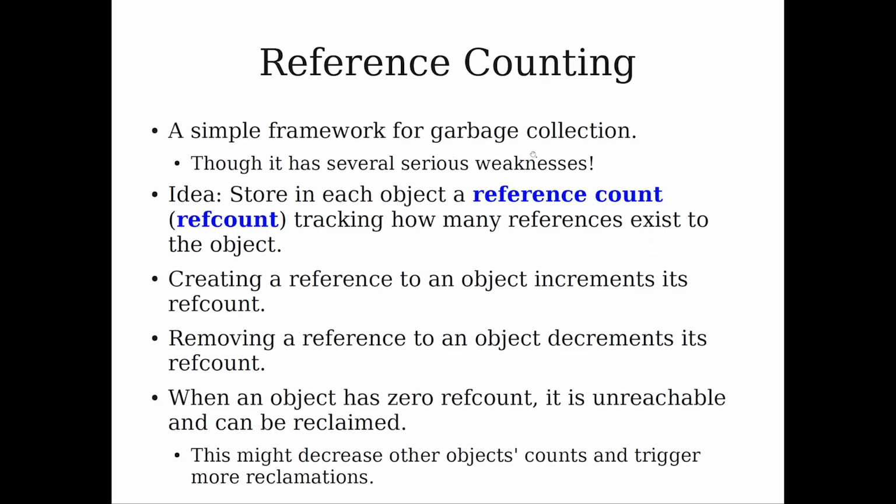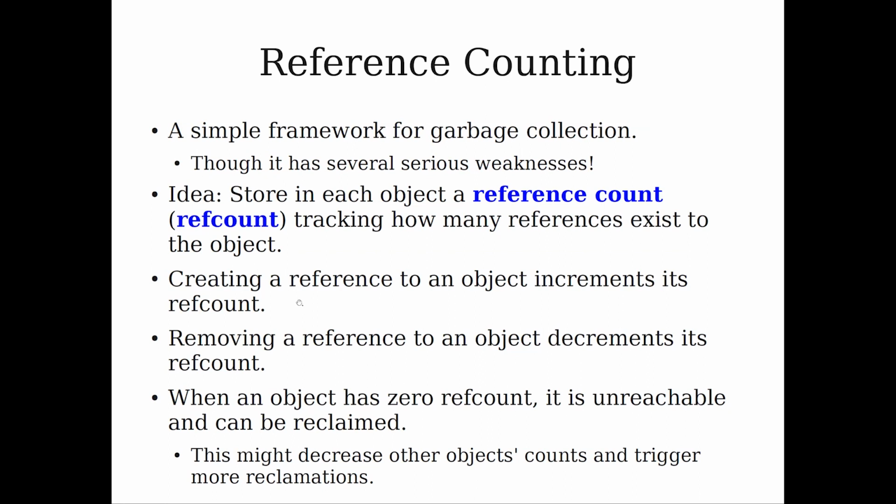So it's a very simple framework. It requires you to store a reference count to keep track of how many references exist to an object. Now, whenever you create a reference, how can you create a reference? By assigning it to some other object, by passing it as a parameter, because the formal parameter will start pointing here, and so on, or you explicitly take an address and many other ways. So you'll have to capture all such constructs in your language.